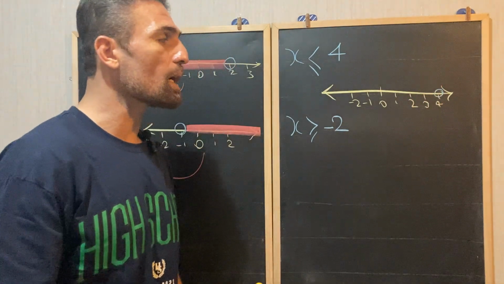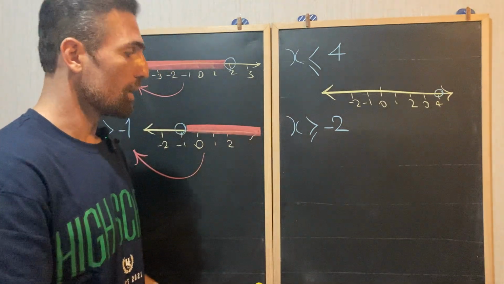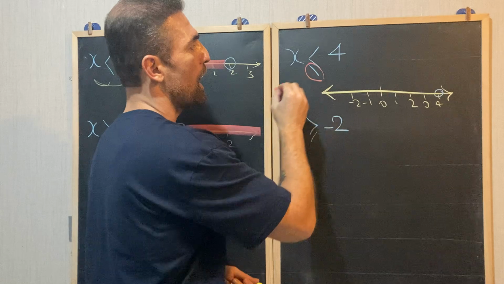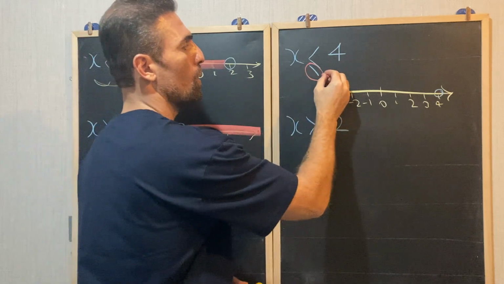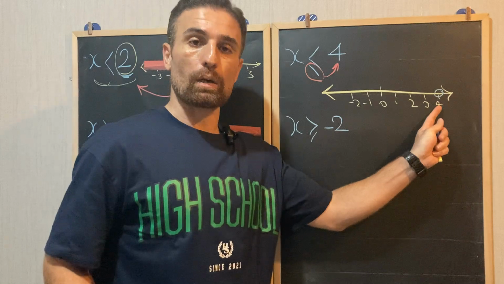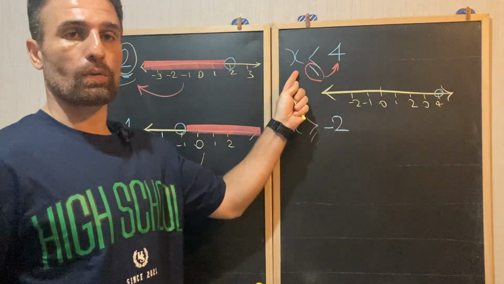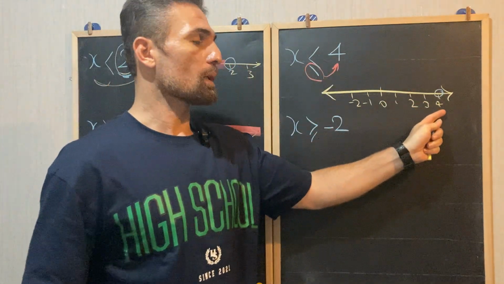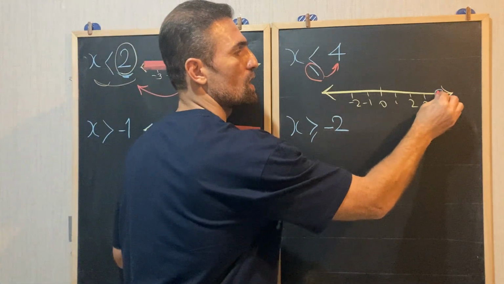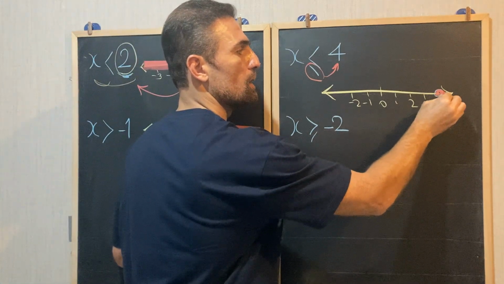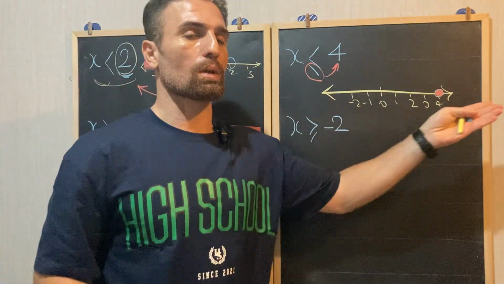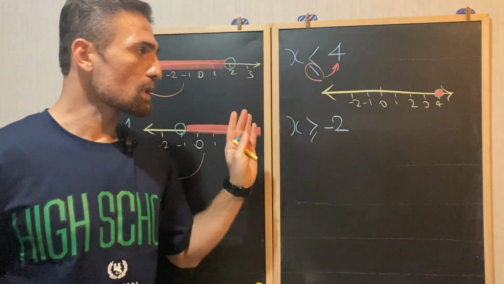We need to shade this circle. Why? Because it says x is less than or equal to 4. That is why 4 is the answer of x. 4 is a part of the solution, and we need to shade this circle. Next step, should we go to the right side or left side?